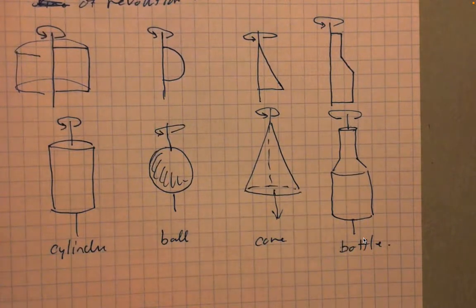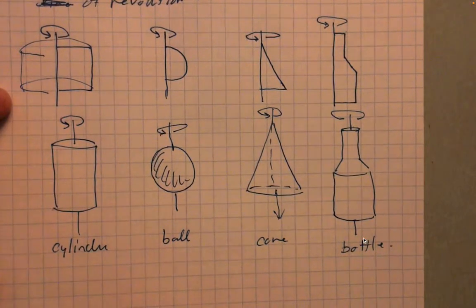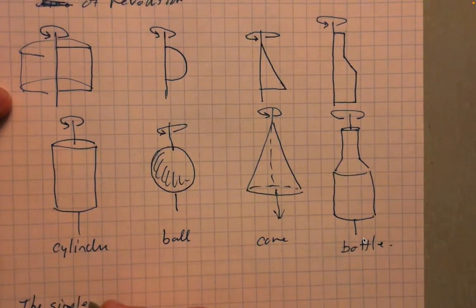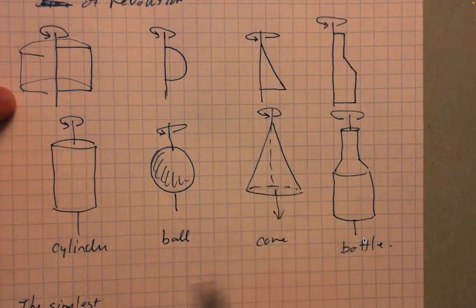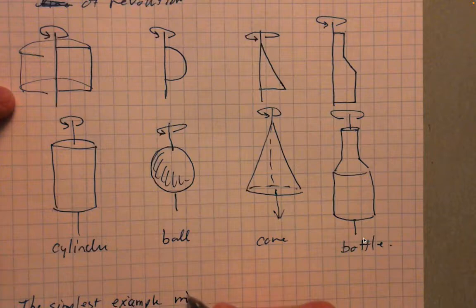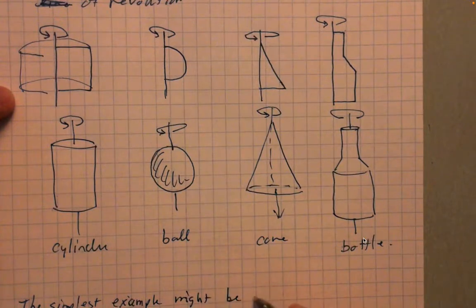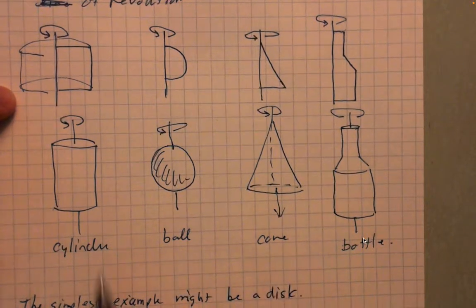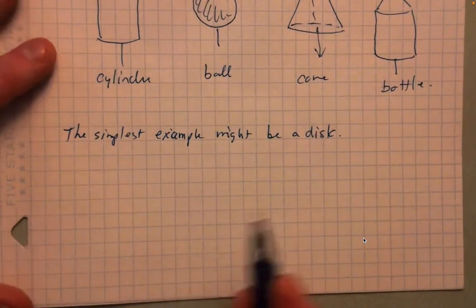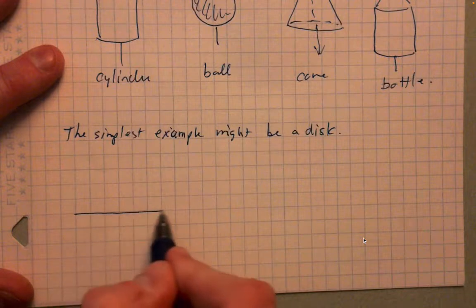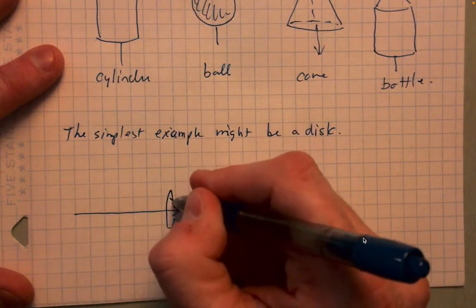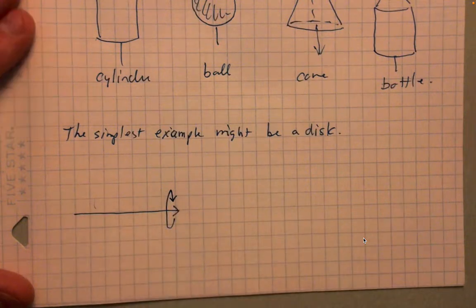Okay. Now a simple example here, we'll say it's the simplest example, might be a disc, which is a lot like a cylinder. Here's my axis of revolution, and I'm going to be rotating whatever I build on it in this manner.